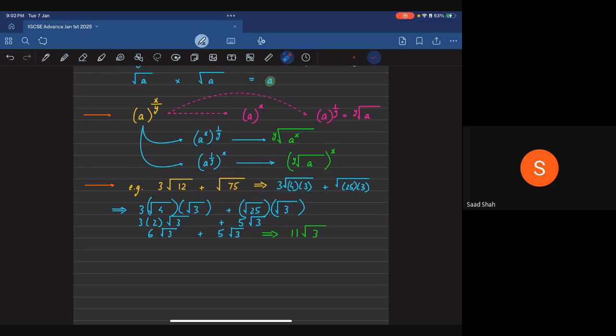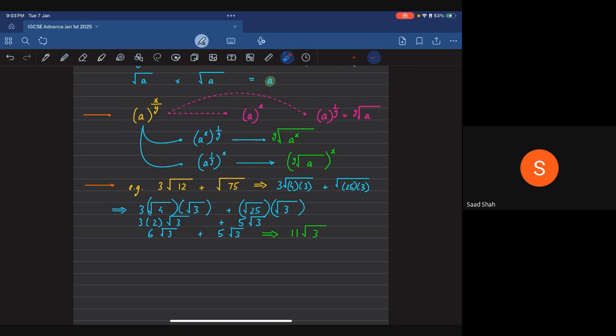Do not go for addition, subtraction, or something of that sort. And one of those numbers at least should be a perfect square or a perfect cube, depending on what your question is.